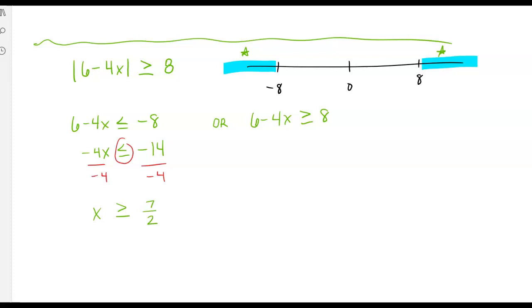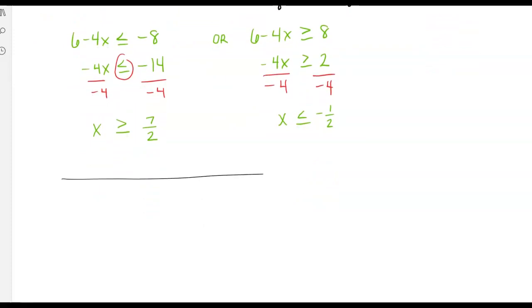For the equation on the right, again, we will subtract 6 from both sides. And then, similarly to the first one, we divide by negative 4. And we get, oops, I need to switch that sign, right? Switch that to the other direction. I get that x is less than or equal to -1/2.